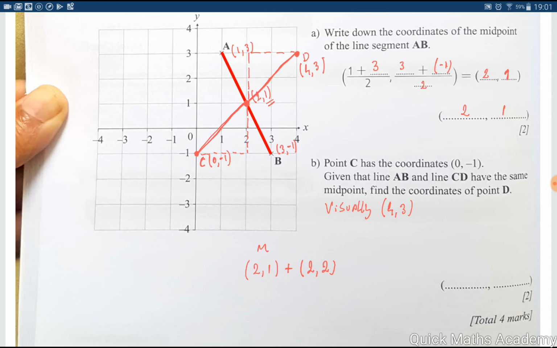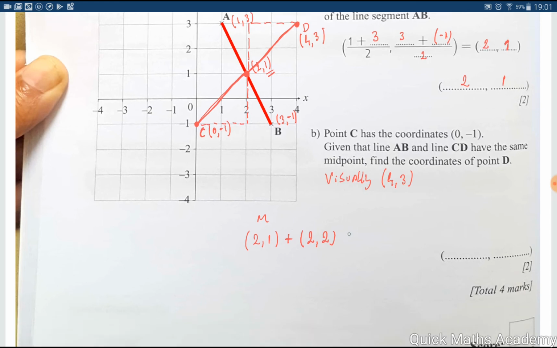And if I sum up this vector, that will give me what? 2 plus 2 is 4, and 1 plus 2 is 3. So again, I have my 4, 3.